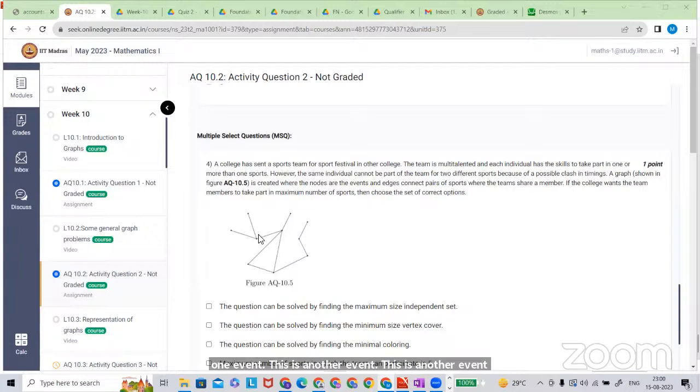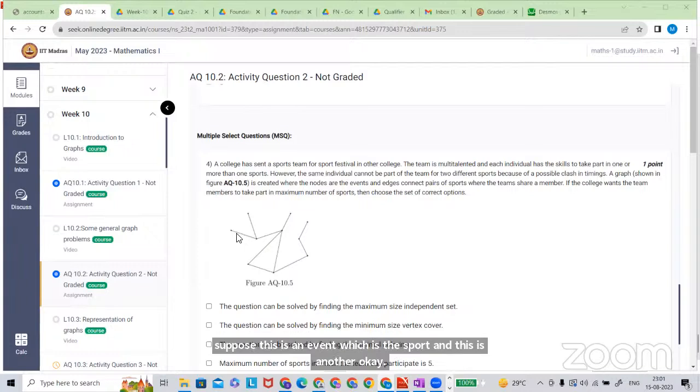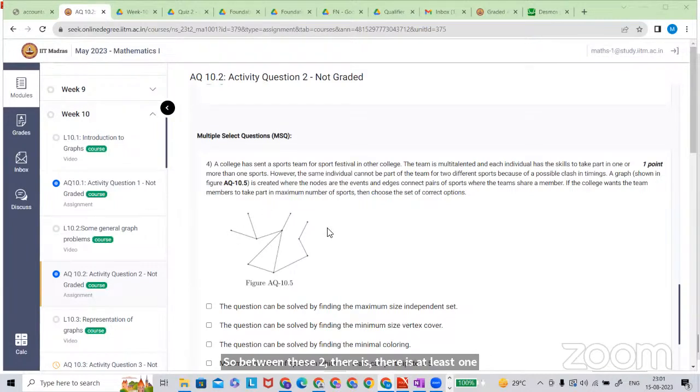Between two events or two sports, suppose this is a sport and this is another, there is at least one player playing in both. This is the graph. If the college wants team members to take part in the maximum number of sports, then choose the correct option.